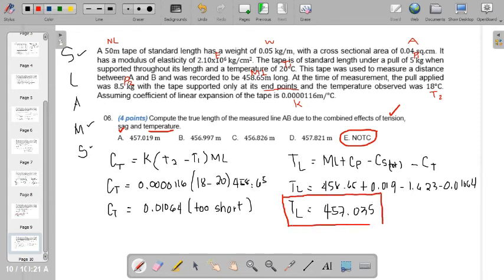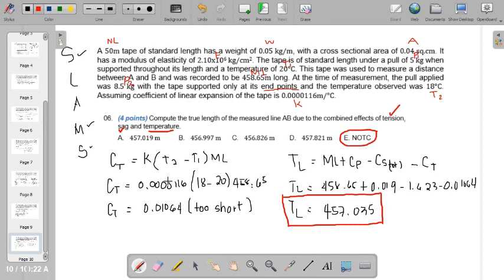Now, if I check your solution and you come up with this kind of answer, and you round it off to the nearest one, maybe the nearest one here is letter A, I'm going to consider your solution. NOTC, of course, is correct.